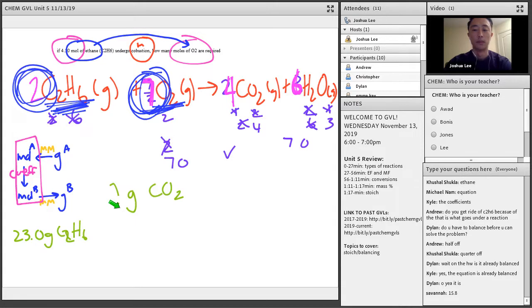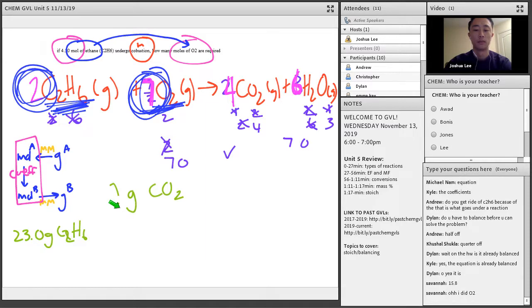Is it really 15.8 grams CO2? Oh, Savannah.